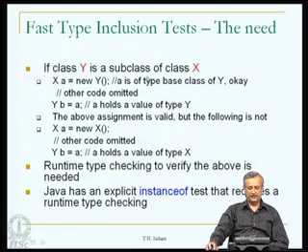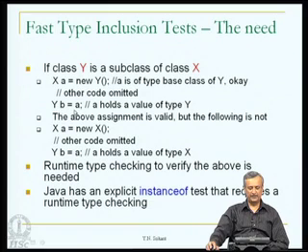Let us assume class Y is a subclass of class X. Suppose we declare an object a of class X and initialize it with an object of type Y. So, a happens to be a base class pointer, and this is an object of type Y, and there is nothing wrong, this is perfectly okay. A base class pointer can point to any derived type object.